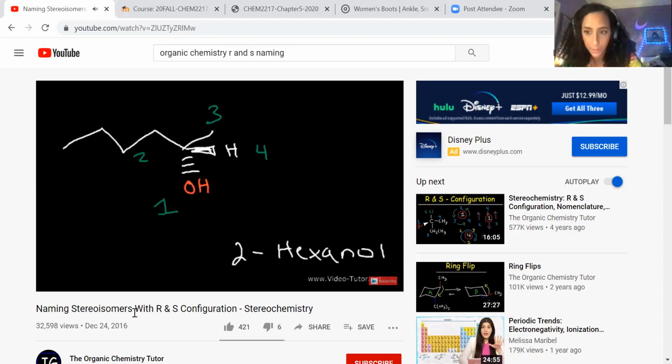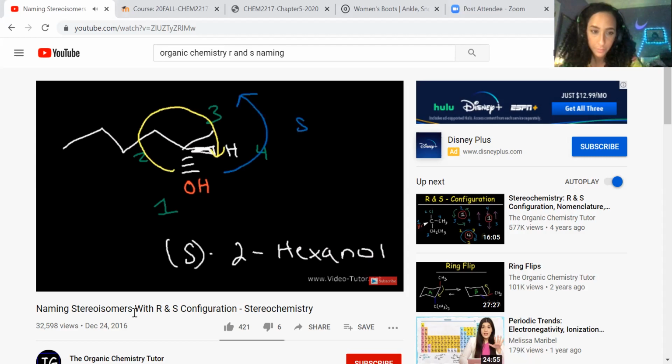So counting from 1, 2 to 3, it appears to be going clockwise, but we need to reverse it because H is in the front. So it's really going counterclockwise, which is associated with the S configuration. So the answer is S-2-hexanol.